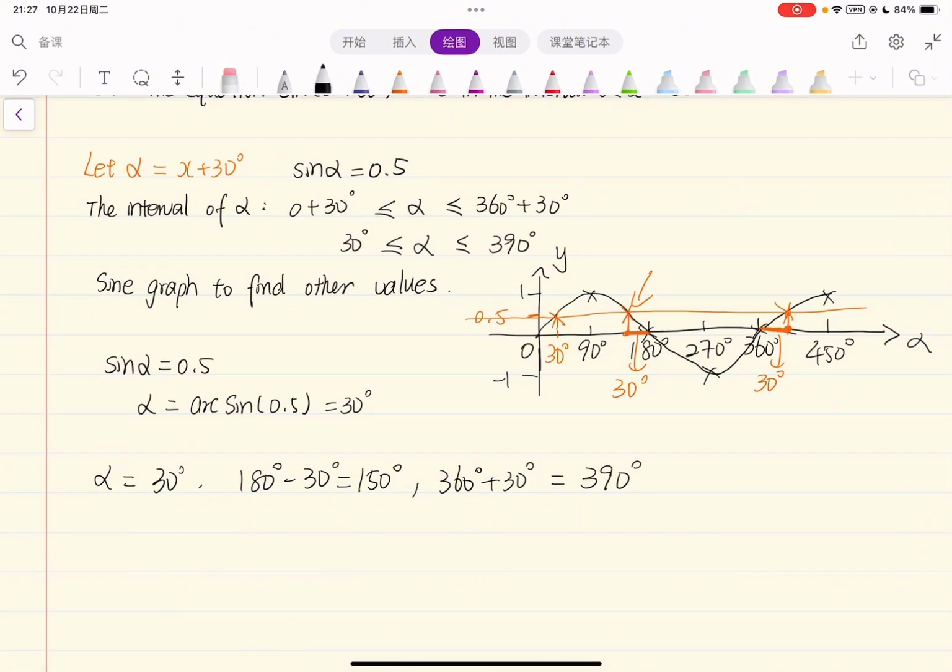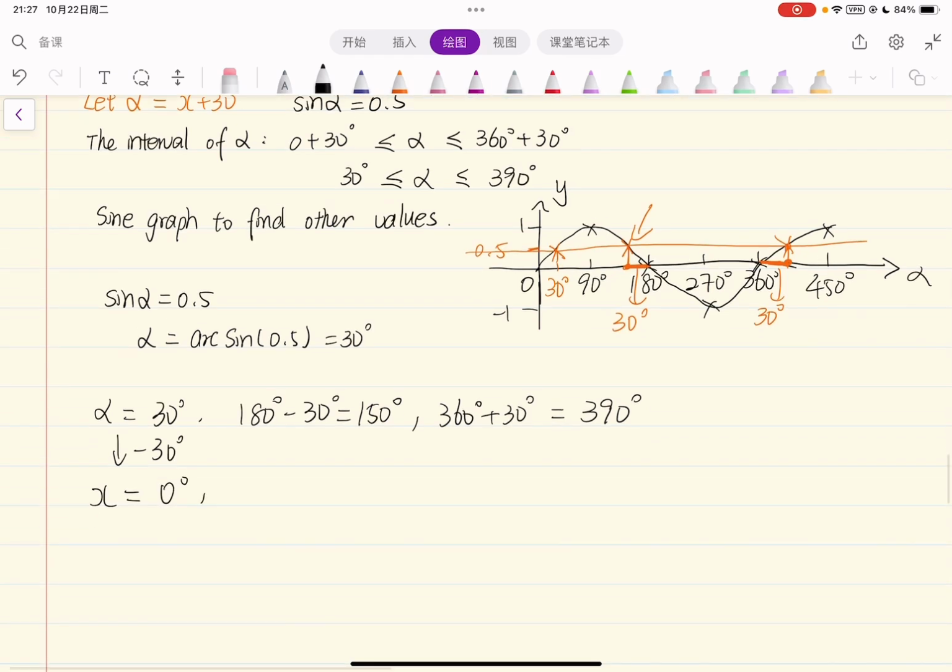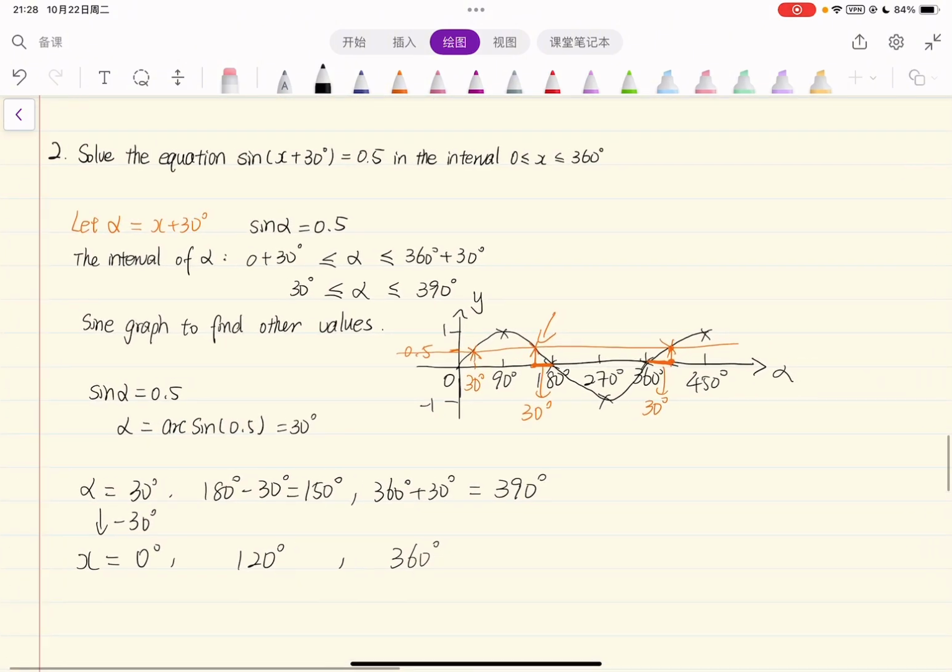We know that alpha equals x plus 30 degrees, so to get the value of x, we need to minus 30 degrees. We have x equals 0 degrees, 150 minus 30 degrees, that is 120 degrees, and 390 degrees minus 30 degrees, that should be 360 degrees. Thus, we got the answer to this question.